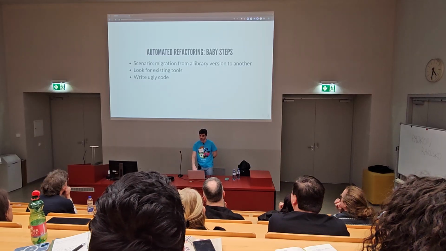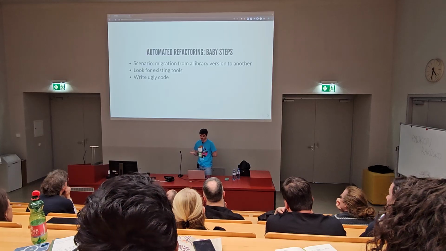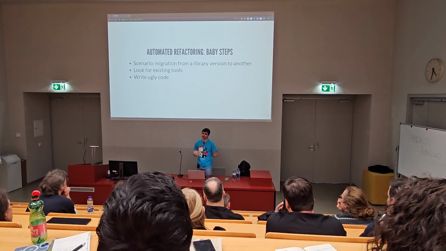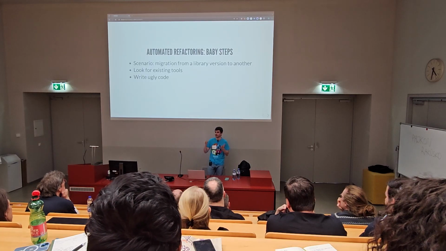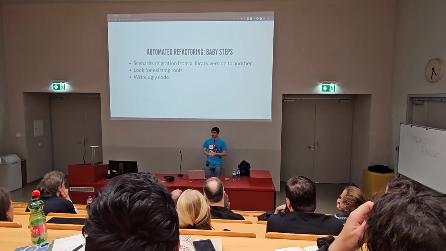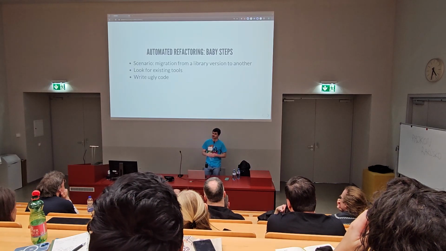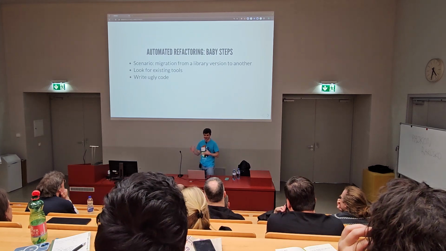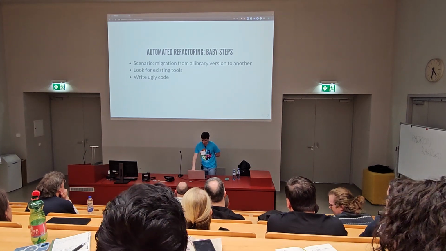I recommend using a library like libcst because it makes it a little bit easier. There are examples, and you also get to write ugly code, because this is code that you're going to run once on your source files, and it produces the output you want. You can go to a manager and say, look, I worked very hard this week, made all these changes in all these files, and then you throw away the code maybe.